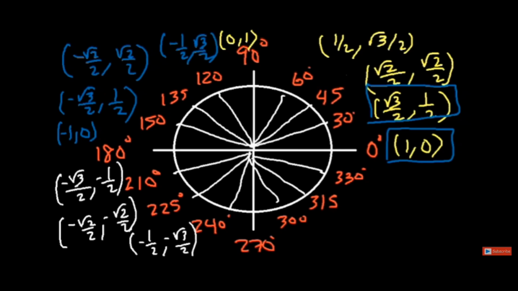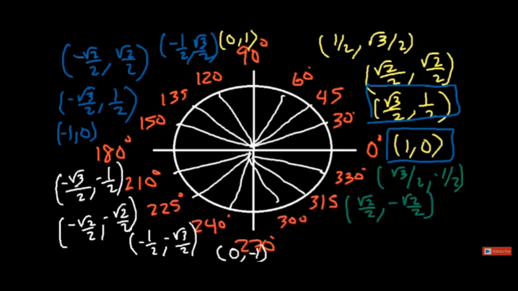And 225 is negative square root of 2 over 2 and negative square root of 2 over 2. 240 is similar to 60 degrees, so we're going to have negative 1/2 and negative square root of 3 over 2. Now 270 is opposite to 90, so instead of being 0 and 1, we're going to have 0 and negative 1.